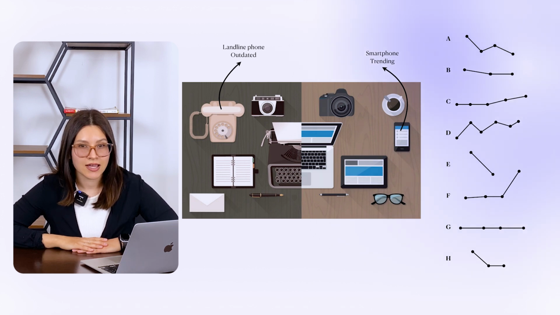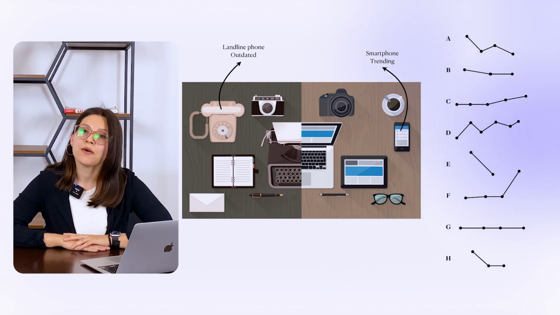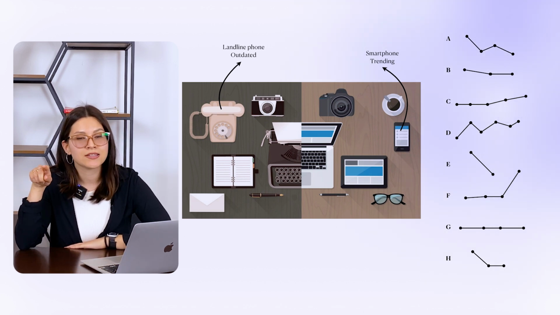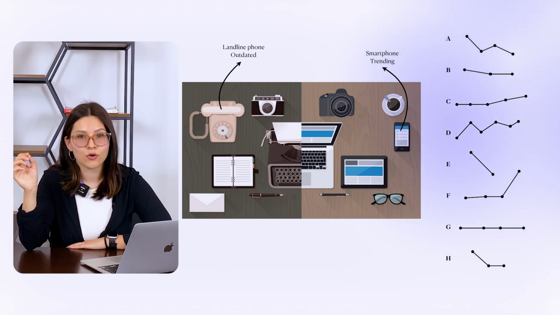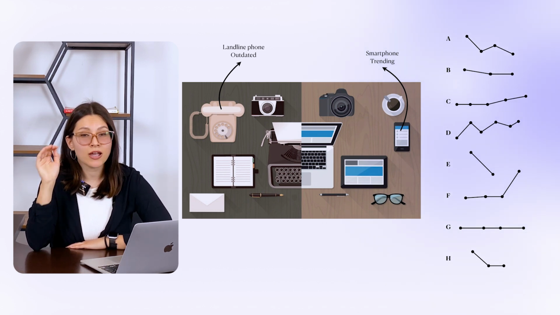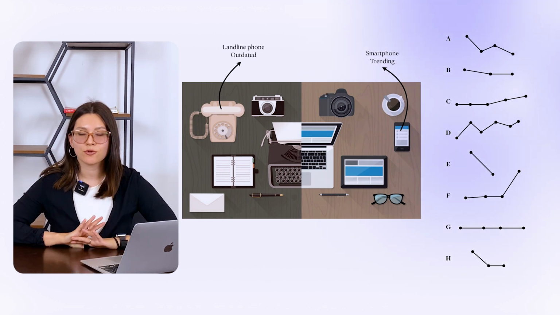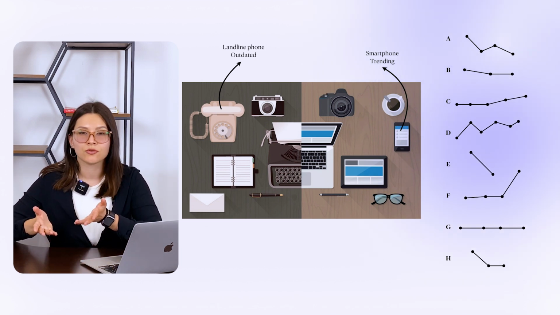And we can say that trend A, for example, has a downward trend. The line is going down, meaning that people have stopped using landline phones in the past, and this trend has been relevant till now. Now let's talk about smartphones. Doesn't matter what type of smartphone, what brand of smartphone, for example, Apple smartphone.